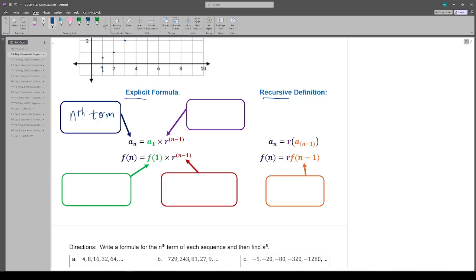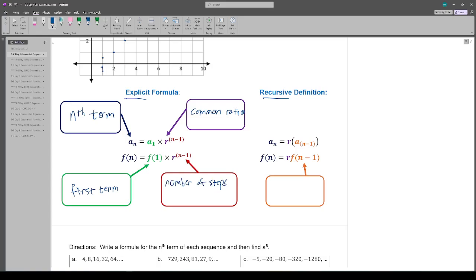So same thing, an or f of n. a1, f of 1, that's our first term. And then r is our common ratio, which is the thing we're multiplying by each time. And n minus 1 is the number of steps that we want to go forward in the sequence.